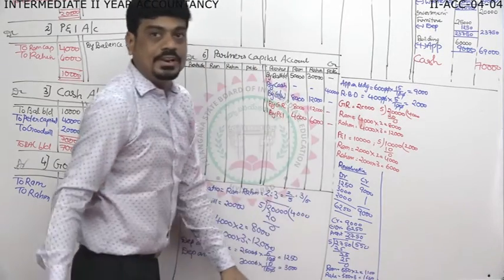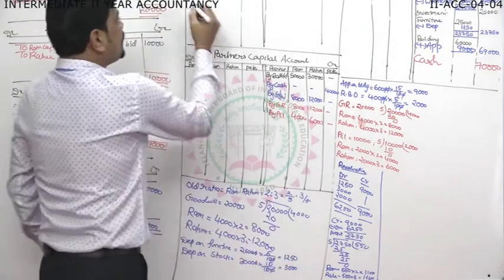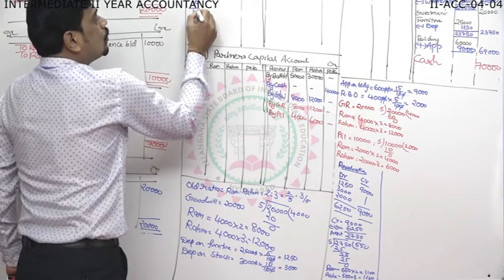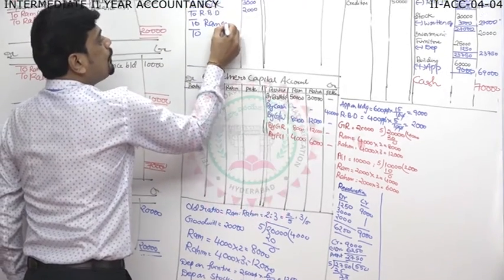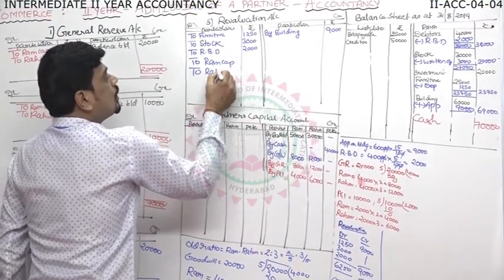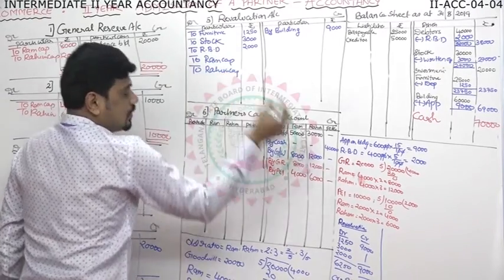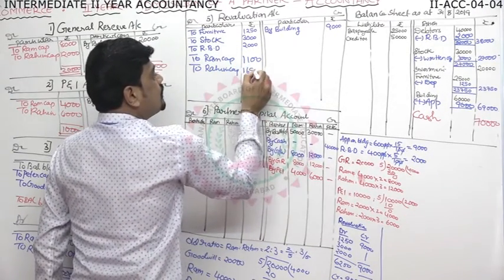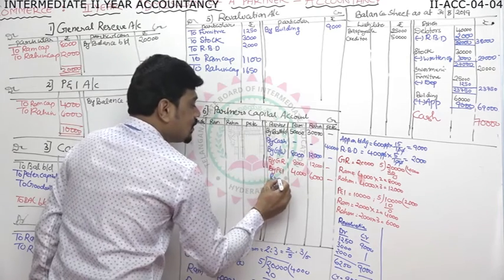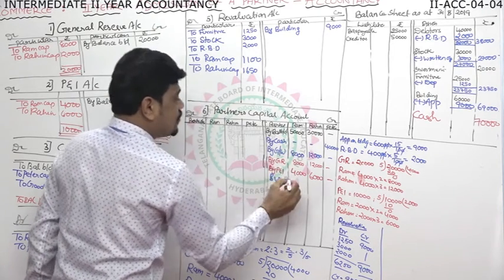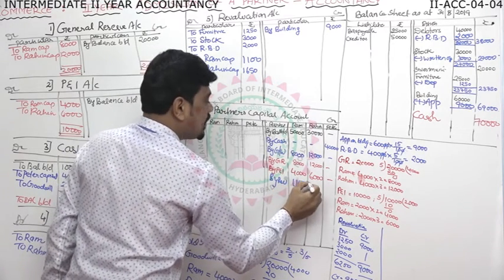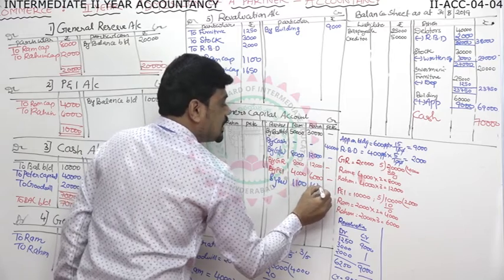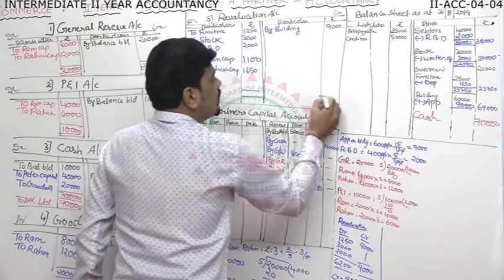This is the profit here, to Ram capital and to Rahim capital. We get 1,100 and 1,650. This will be transferred by revaluation. Even this got closed.